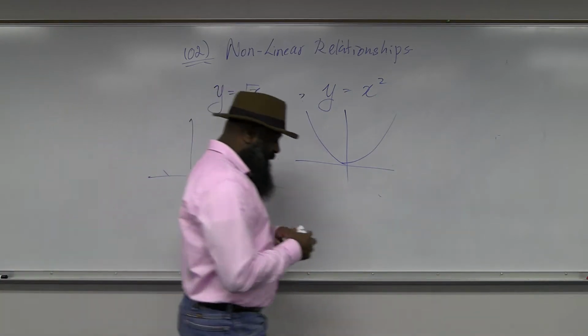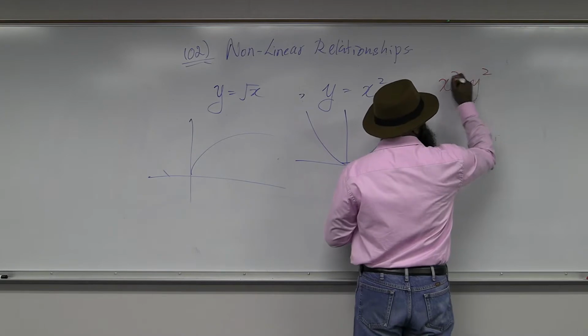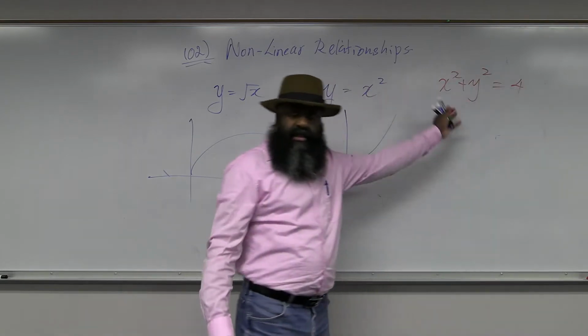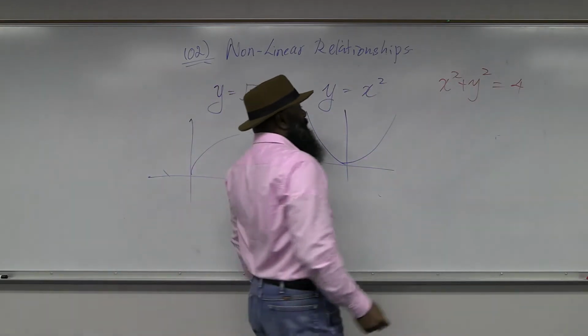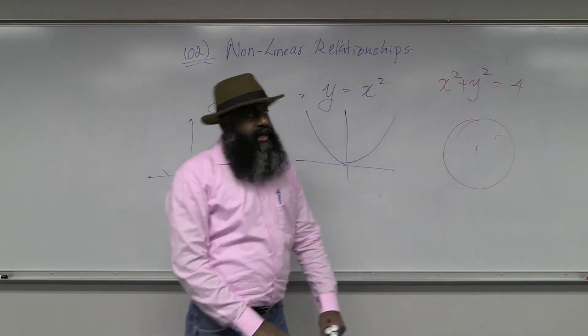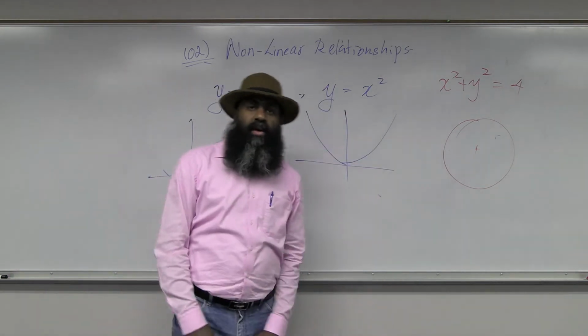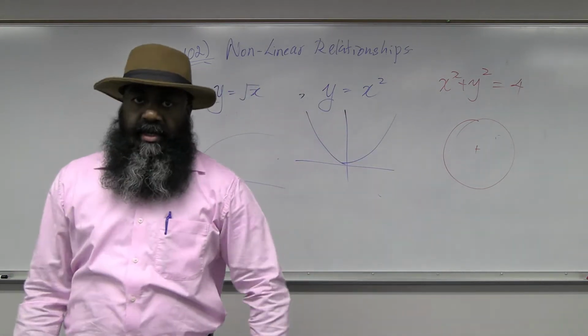And if you look at x squared plus y squared equals 4, what is this? This is a circle, right? Center is 0, 0, and the radius is equal to 2. And that's not linear. So these kinds of relationships are called non-linear relationships, okay?